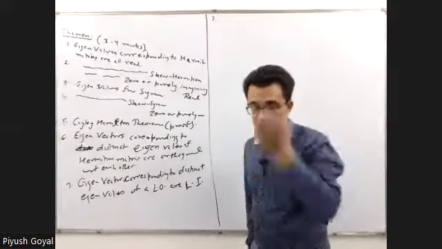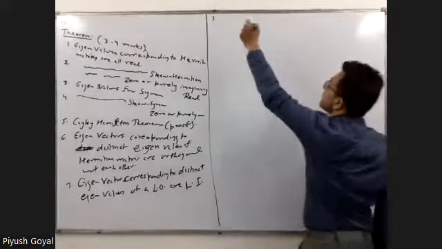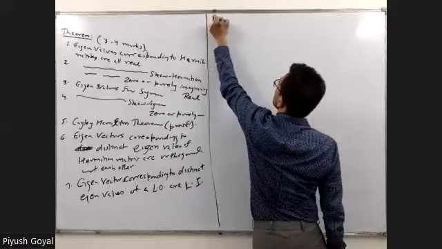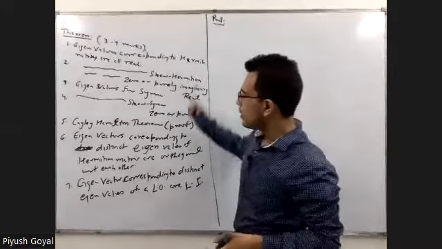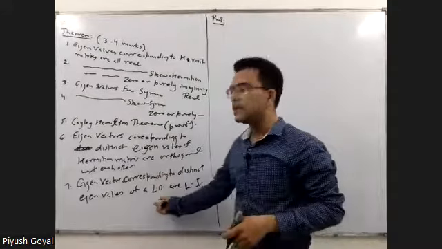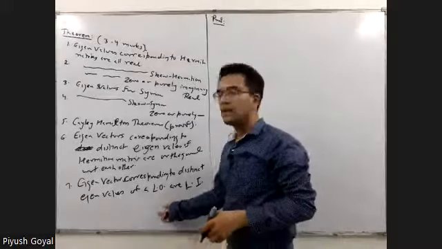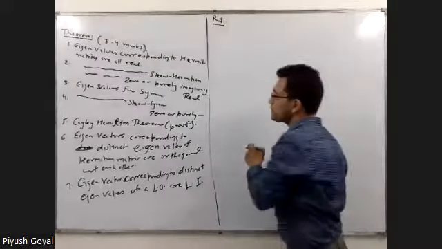So what I am saying is I am doing this with proof, because all these results belong to matrices and this result belongs to a linear operator. Linear operator is the thing which we are doing in this class. That's why I am doing the proof.